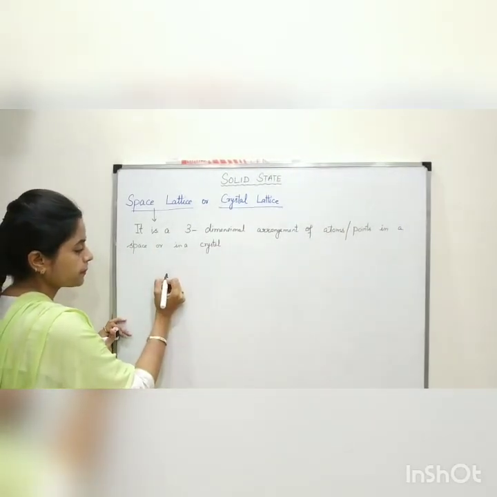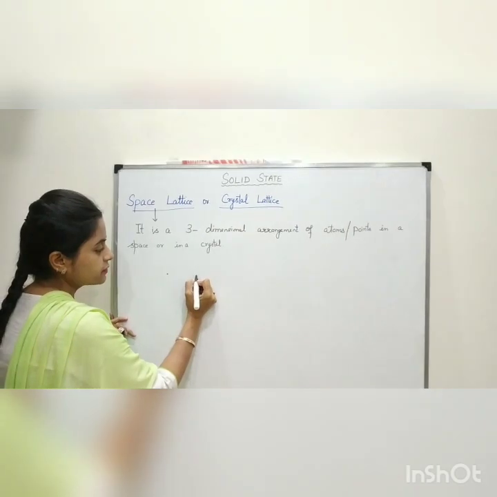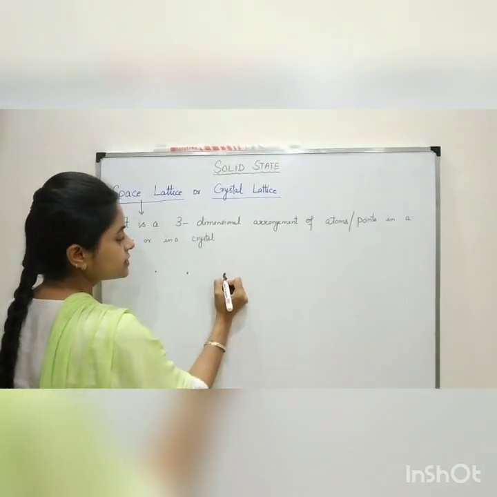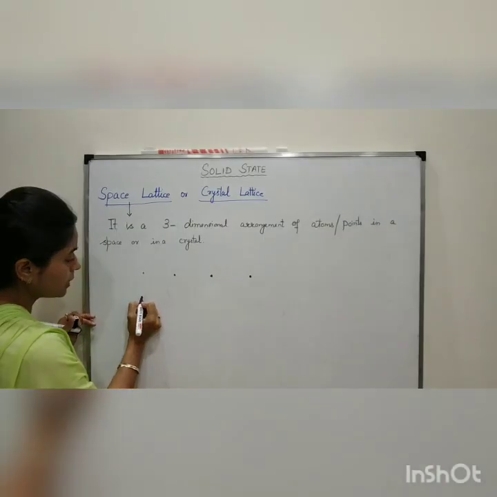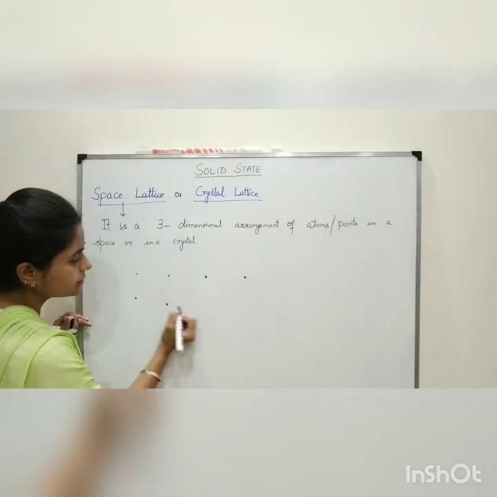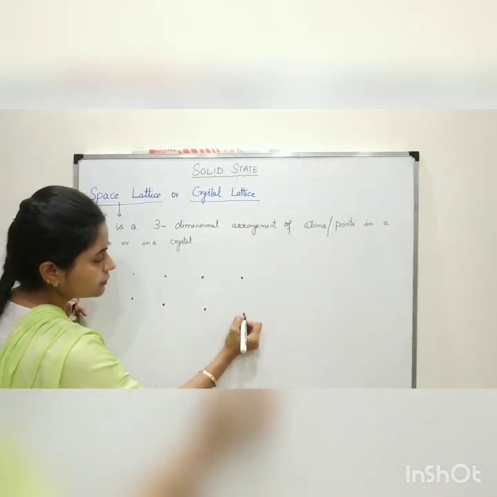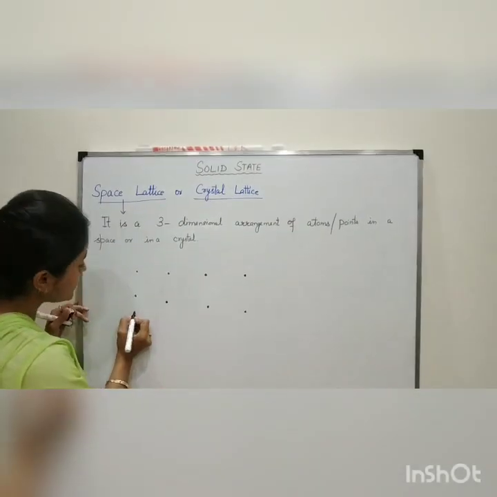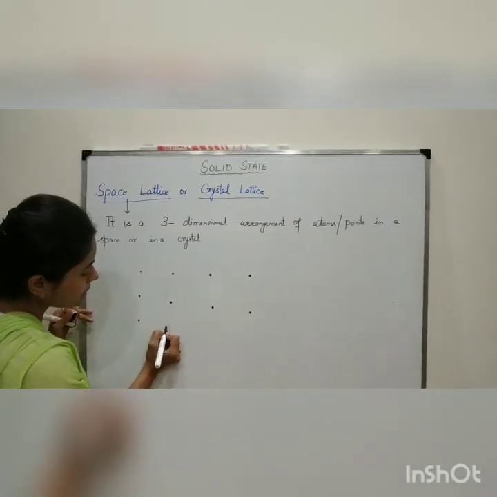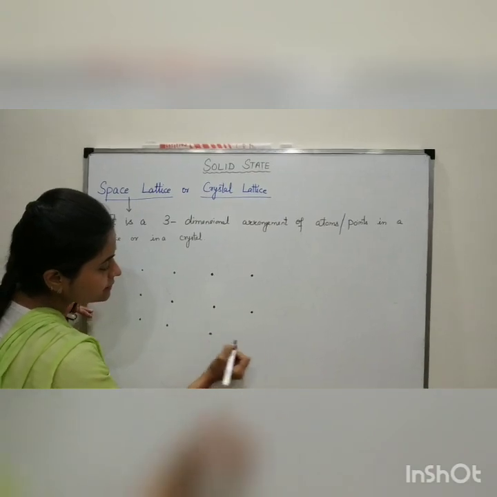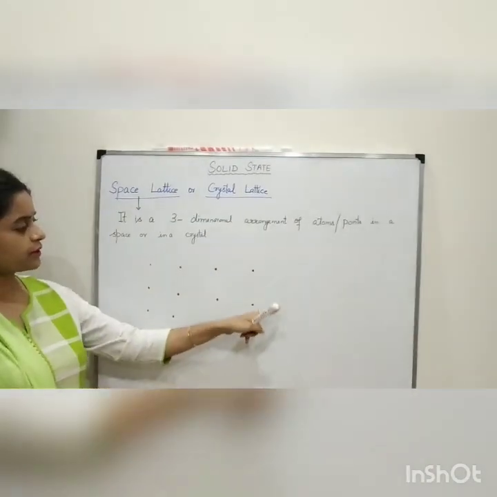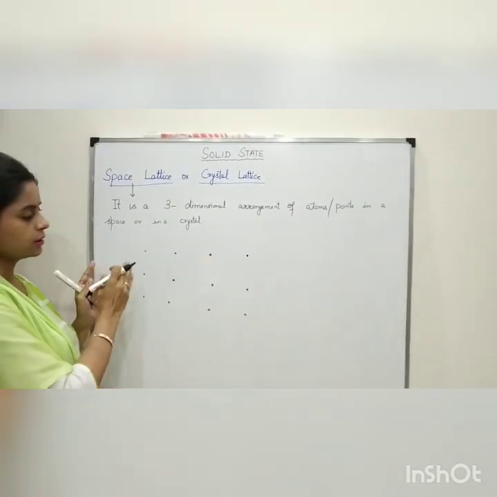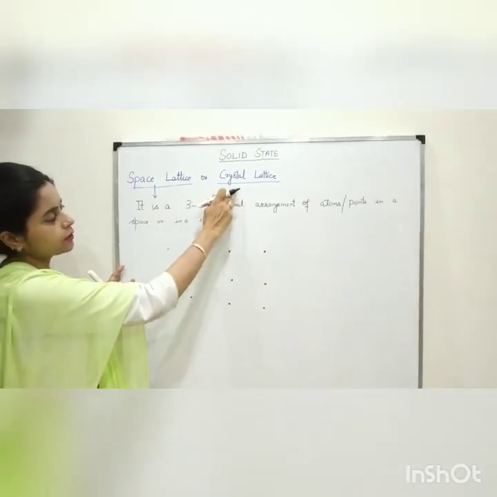Suppose we have a crystal in which different atoms are present and they show regular arrangement, then their space lattice or crystal lattice can be represented in this way. This type of arrangement in three dimensions is known as space lattice or crystal lattice.